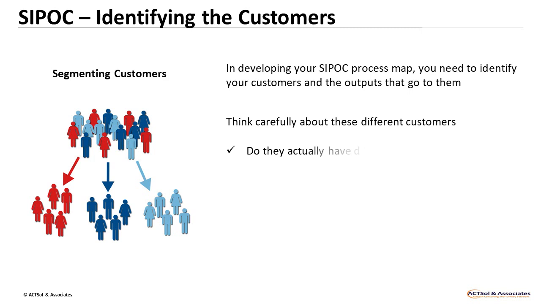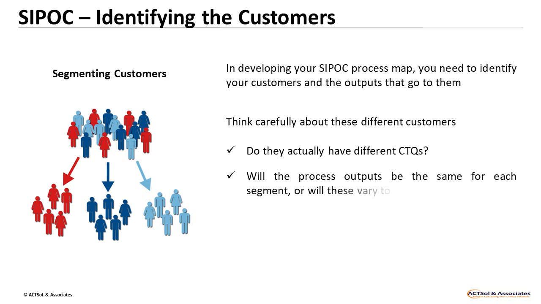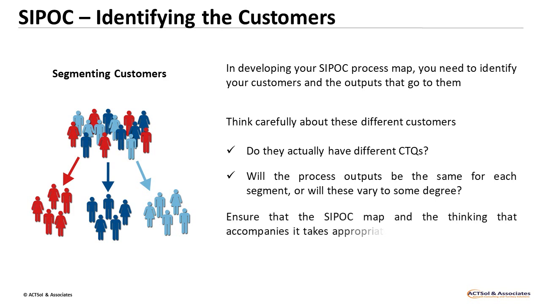Do they actually have different CTQs? Will the process outputs be the same for each segment, or will these vary to some degree? You should ensure that the SIPOC map and the thinking that accompanies it takes appropriate account of your different customer segments.